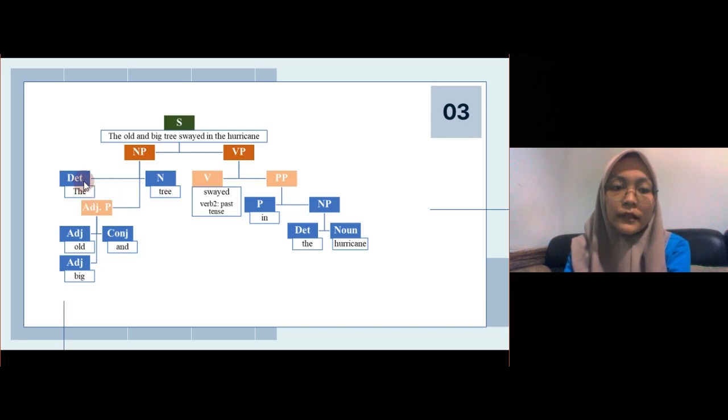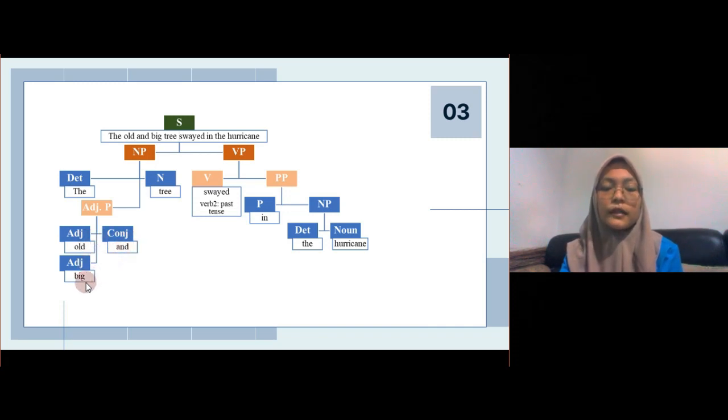The is a determiner, and below the adjective phrase there are adjective, conjunction, and adjective. Old is an adjective, and is a conjunction, and big is an adjective. And the last node of the noun phrase is tree, a noun.